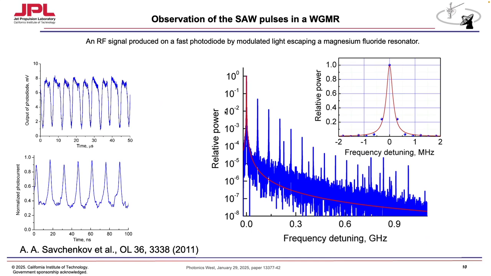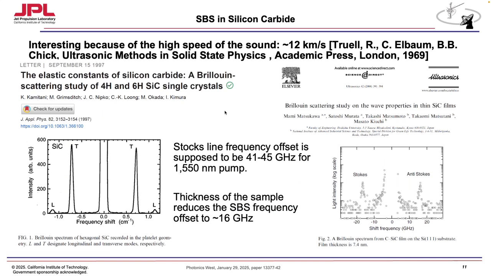So apparently the spectrum wasn't generated by generation of all these harmonics within the optical mode, but rather it was created outside of the cavity. That is our hypothesis: the mechanical pulse that propagates on the surface of the microcavity modulates the coupling constant between the pump light and the intracavity field.